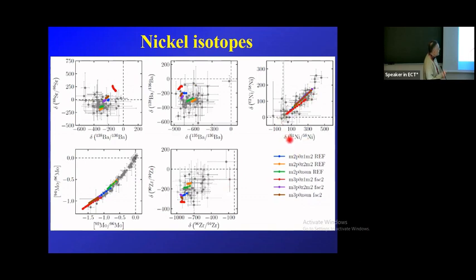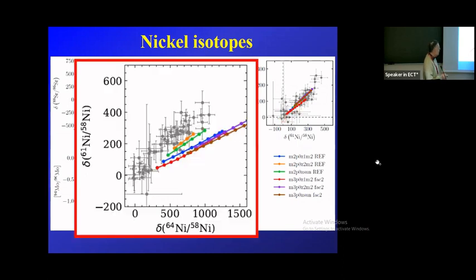In this plot, I report nickel 61/58 and nickel 62/58, and you see these ratios are in good agreement. But if we look at nickel 64/58, we see a clear disagreement with respect to the values measured in the laboratory. So the candidate to be analyzed here is nickel-64.